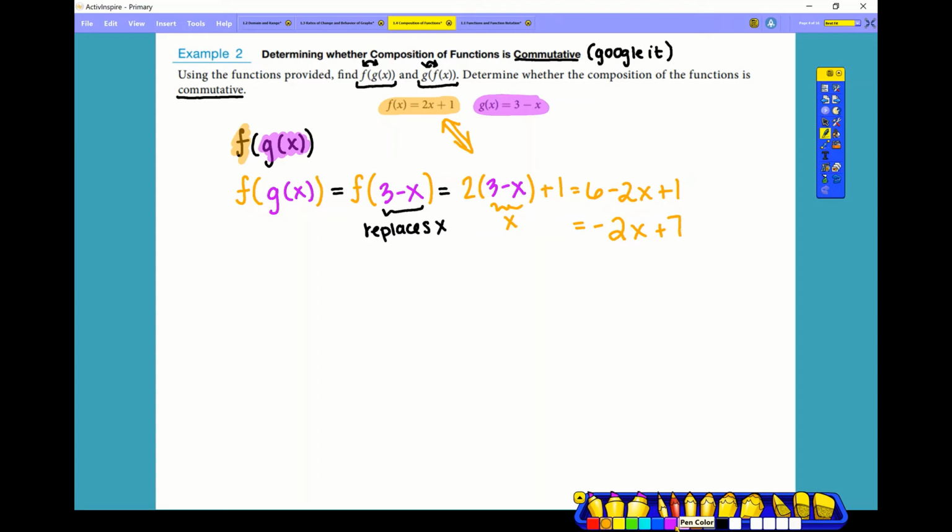Now I am going to need g of f of x. And that's going to give me g, f of x is 2x plus 1. Then that's going to give me 3 minus, and then instead of x, we're going to have the 2x plus 1.